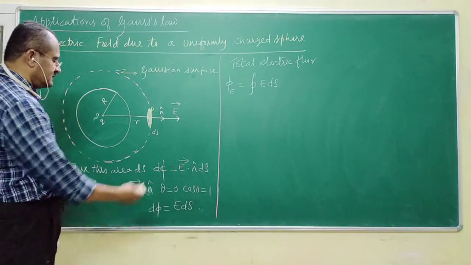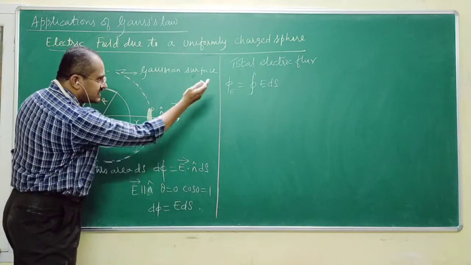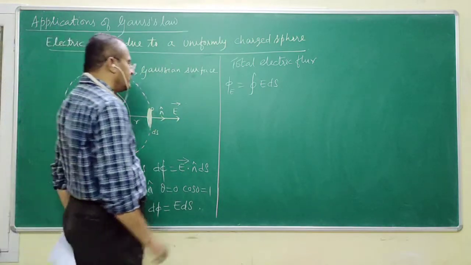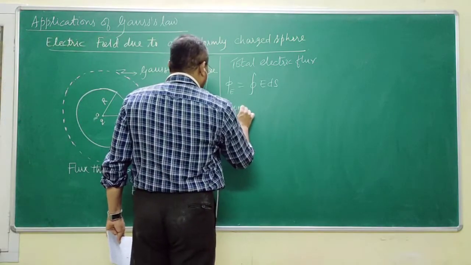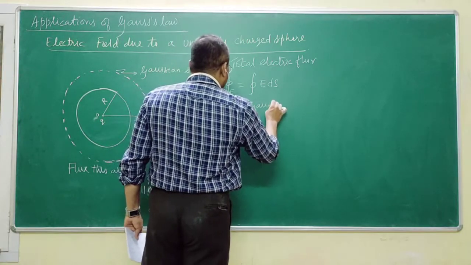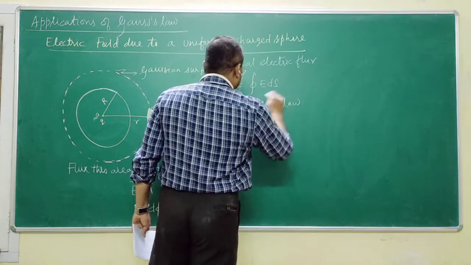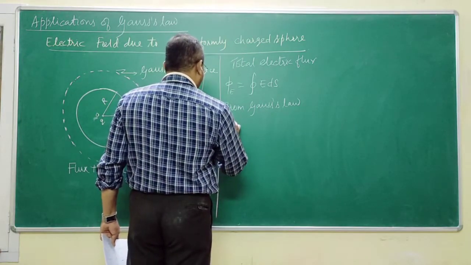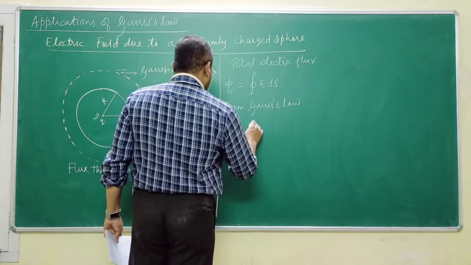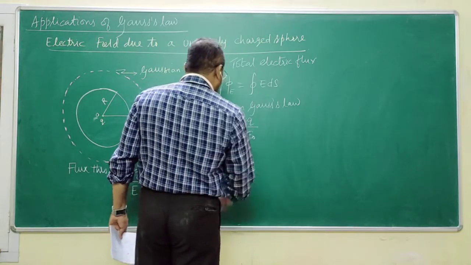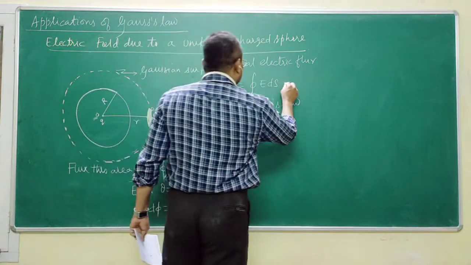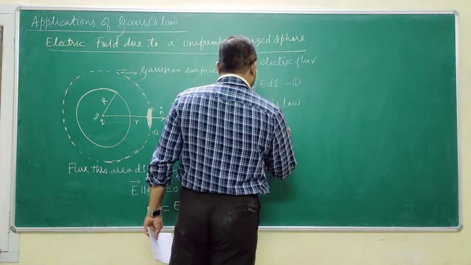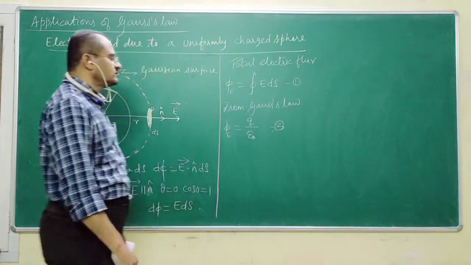Because I have simplified this, I am directly writing, from Gauss's law, I can write phi E is equal to Q by epsilon naught. Let me call this as equation number 1, this as equation number 2.